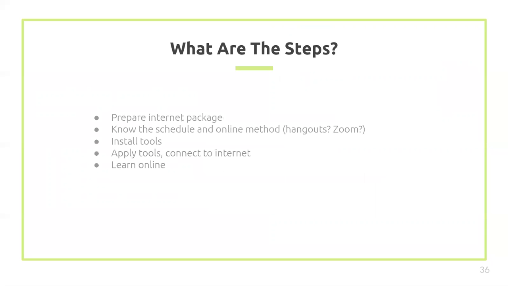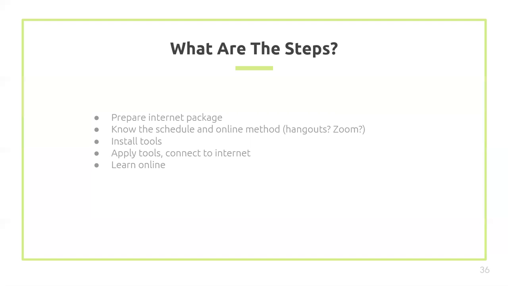So in this example, what are the steps? What are the things that the students need to prepare? First of all, I think all of you will need to prepare an internet package. You will need to have an internet connection, right? Second, you need to know the schedule when the online class will be held and how.